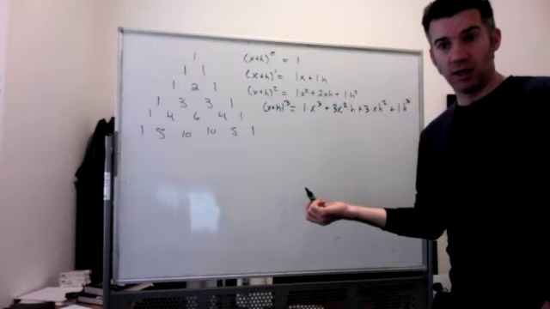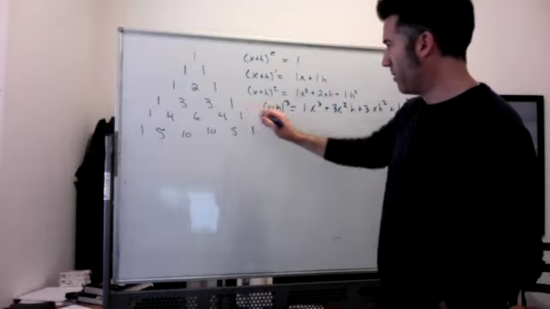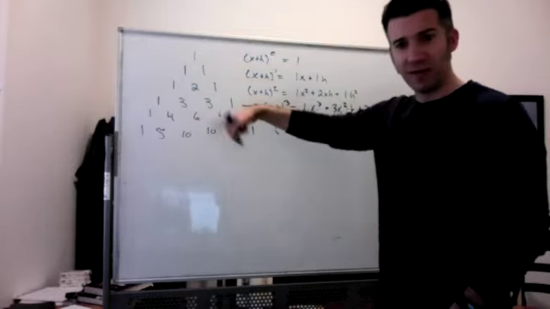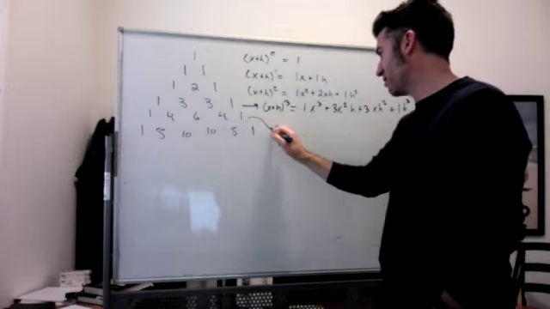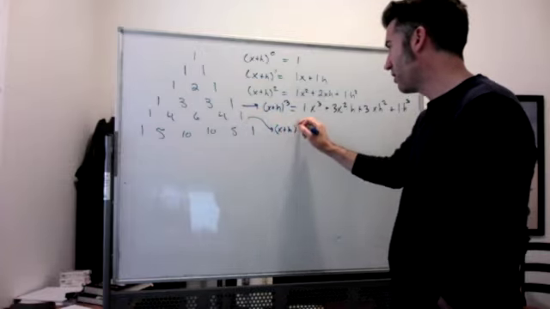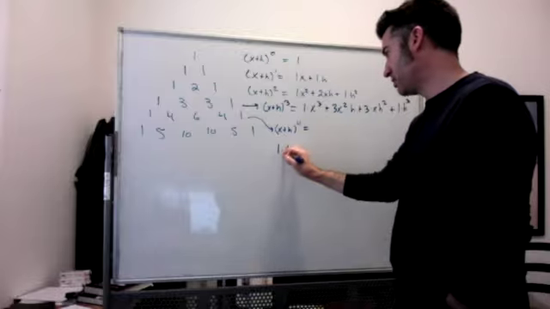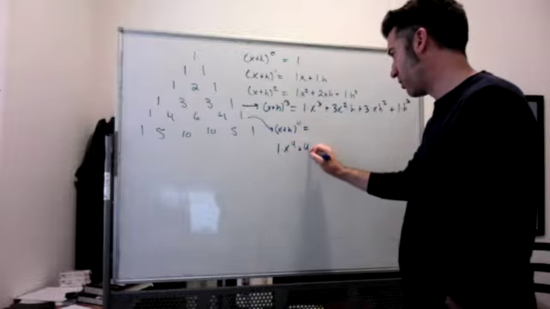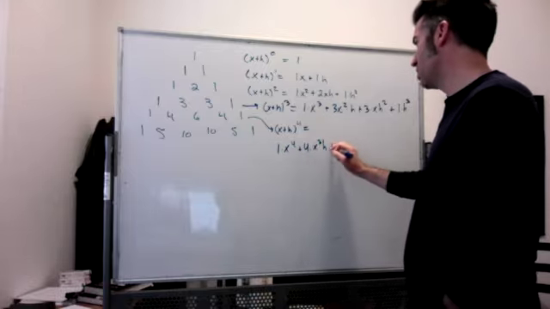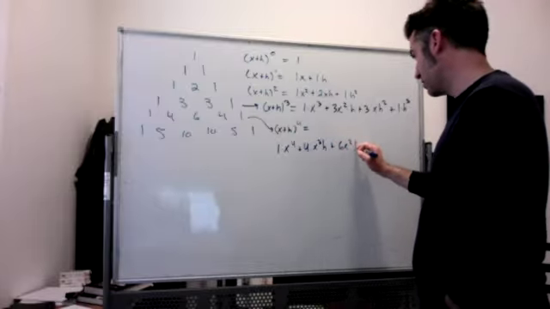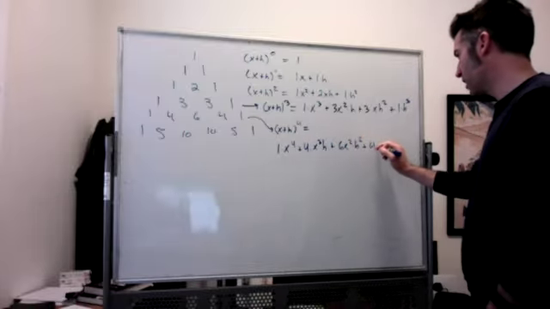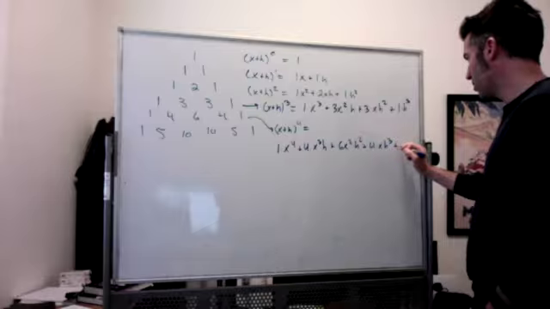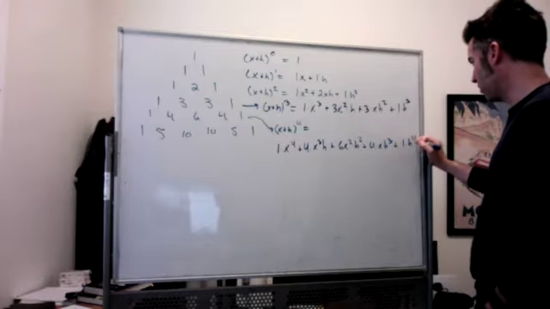And this goes on and on. x plus h to the 4th would be 1 times x to the 4th plus 4 times x cubed times h plus 6 times x squared times h squared plus 4 times x times h cubed plus 1 times h to the 4th.